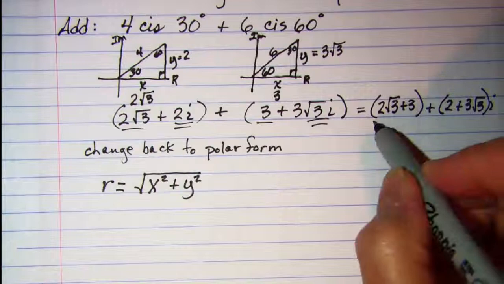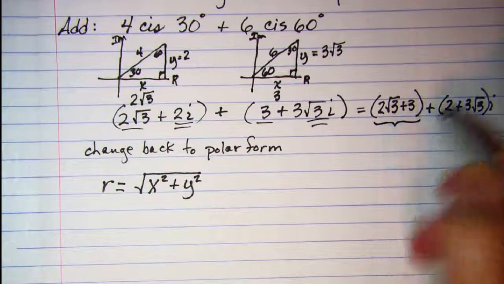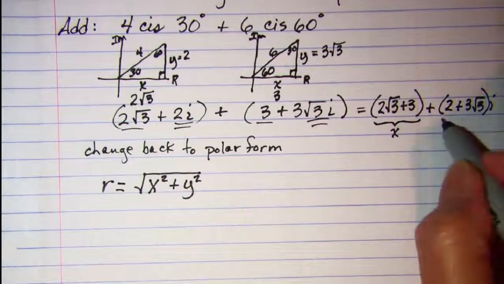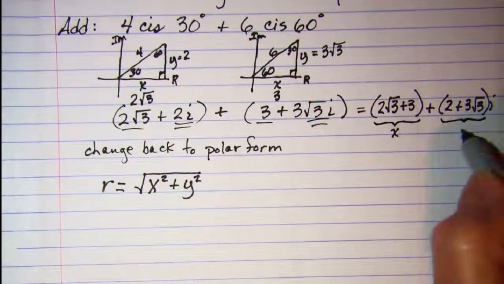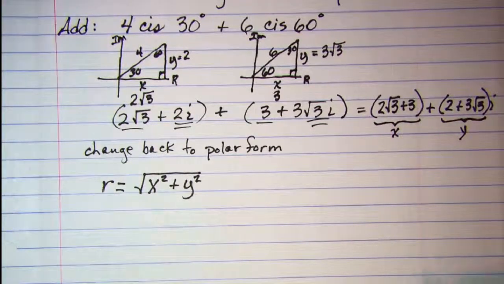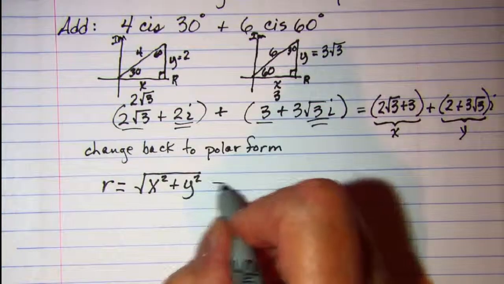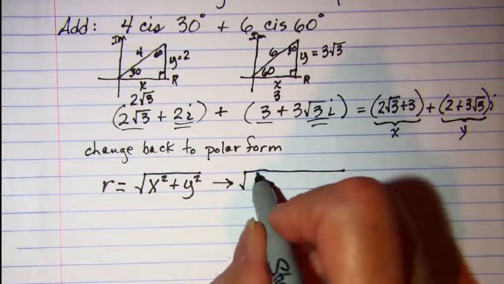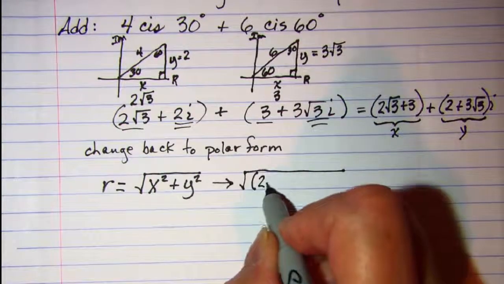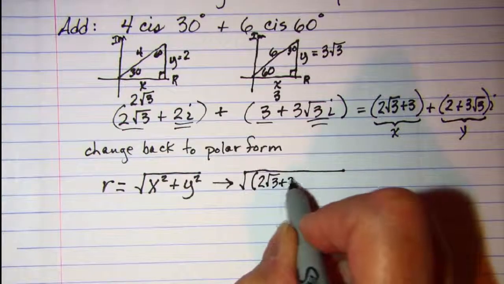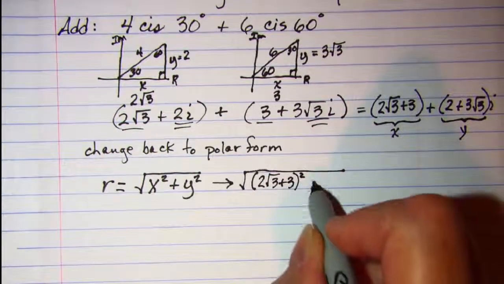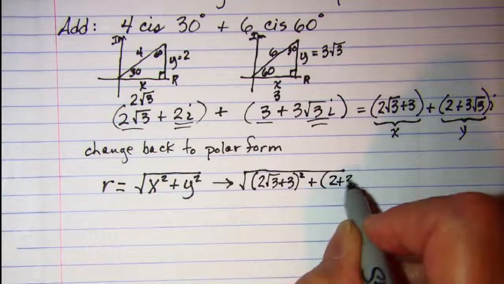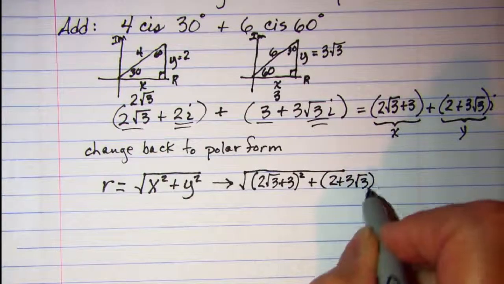This is our real part, so that'll be my x. And this is my imaginary part, so that'll be the y. So for r, I have square root of the quantity 2 root 3 plus 3 squared plus the quantity 2 plus 3 root 3 squared.